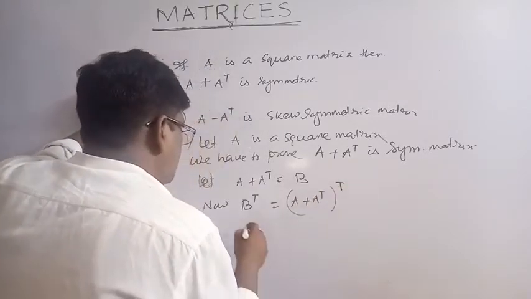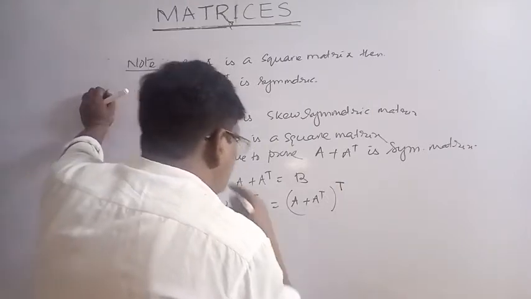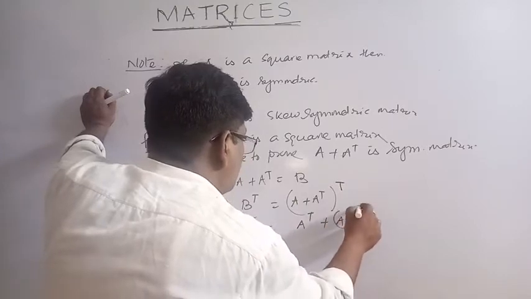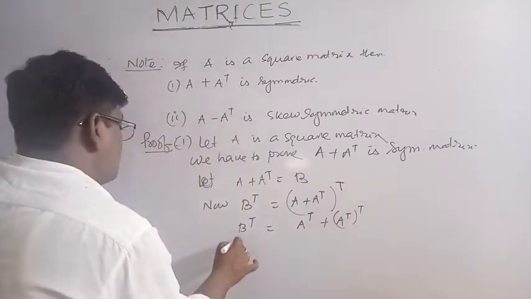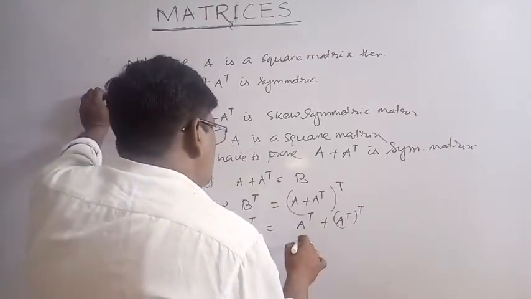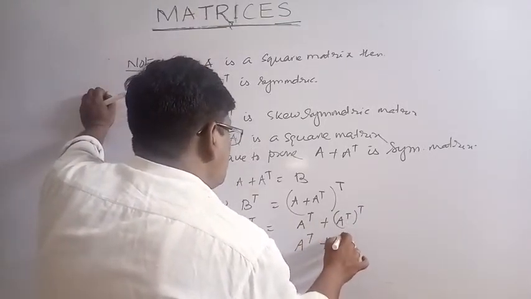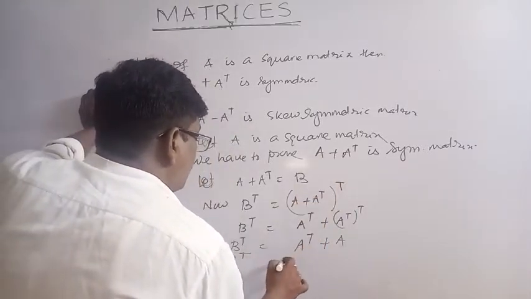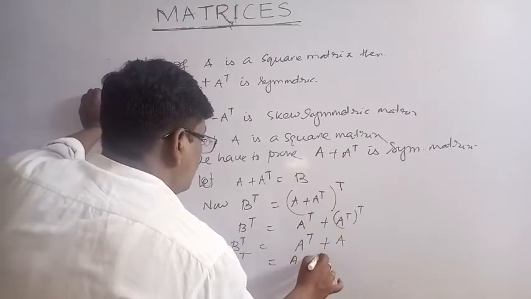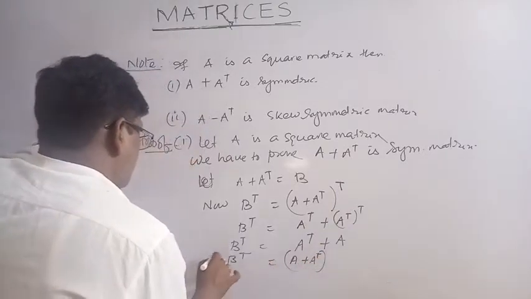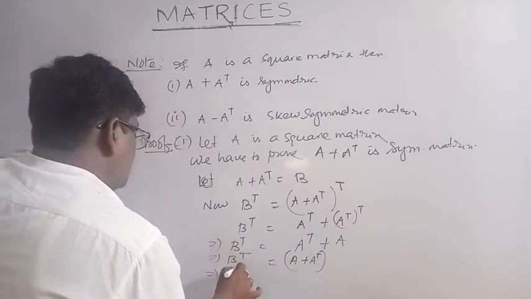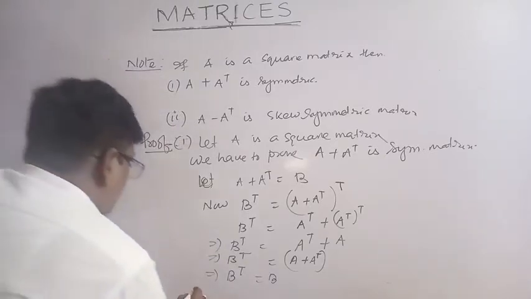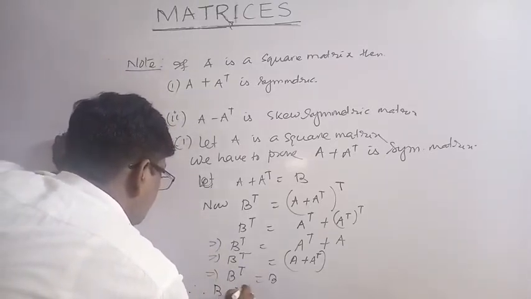So this can be written as A transpose plus A transpose transpose, which is A transpose plus A. So this is A plus A transpose, which is B. That implies B transpose is equal to B. Therefore B is a symmetric matrix.